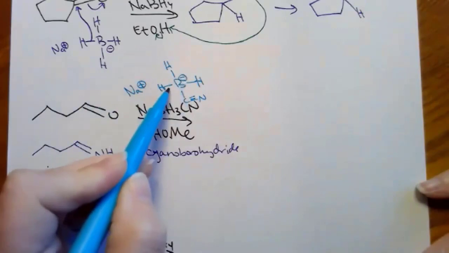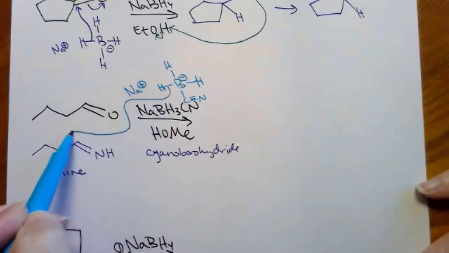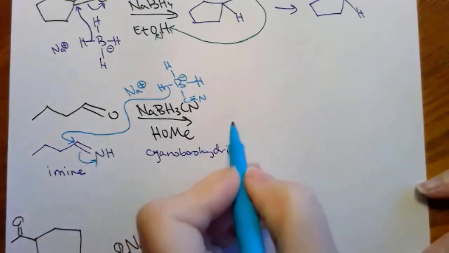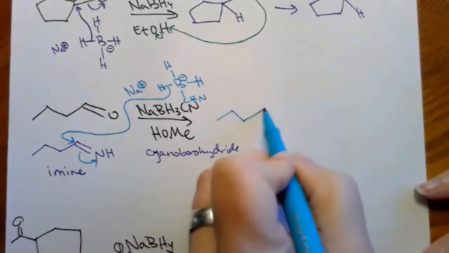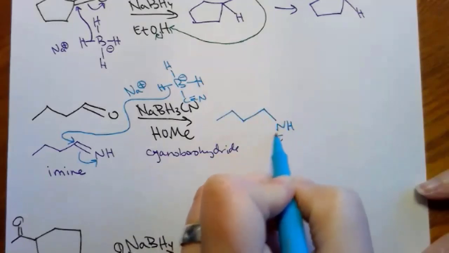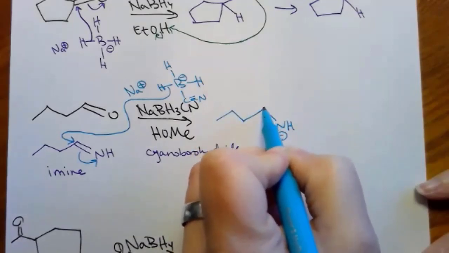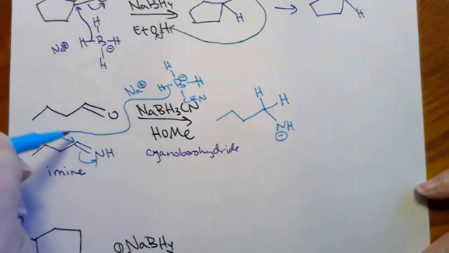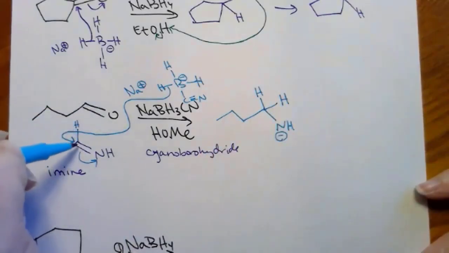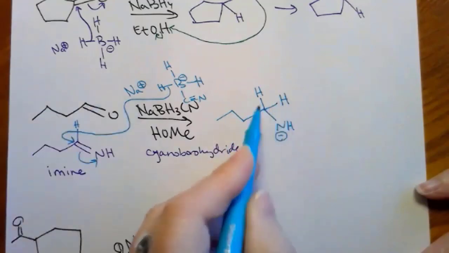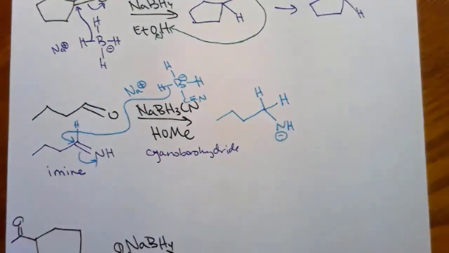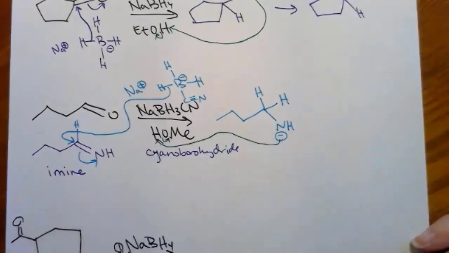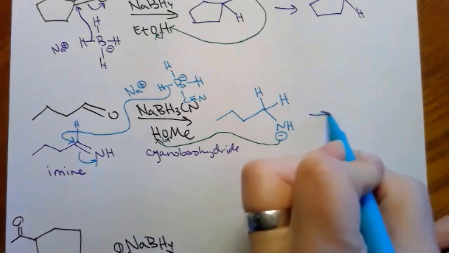This is a weaker hydride donor than borohydride, but it can still attack the carbon. This carbon already had one H, and now it got a second H. This N minus can then take a proton from your solvent.